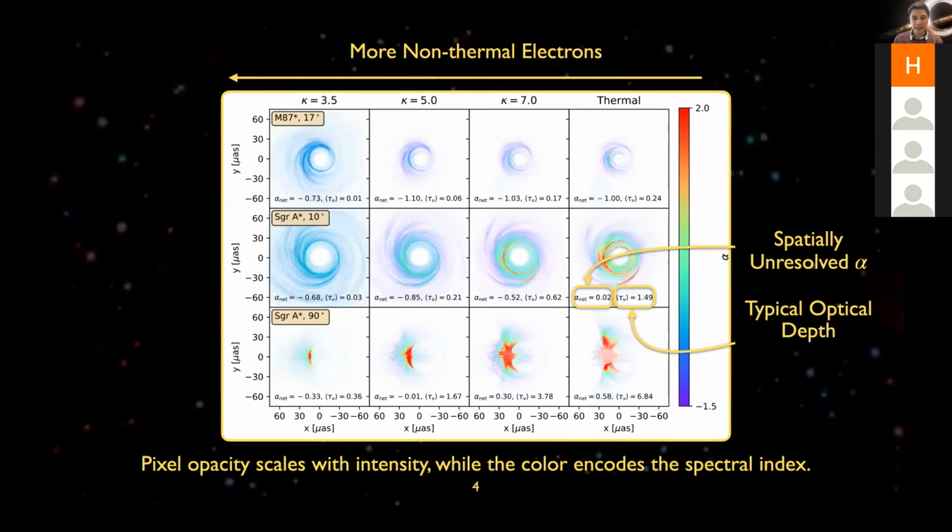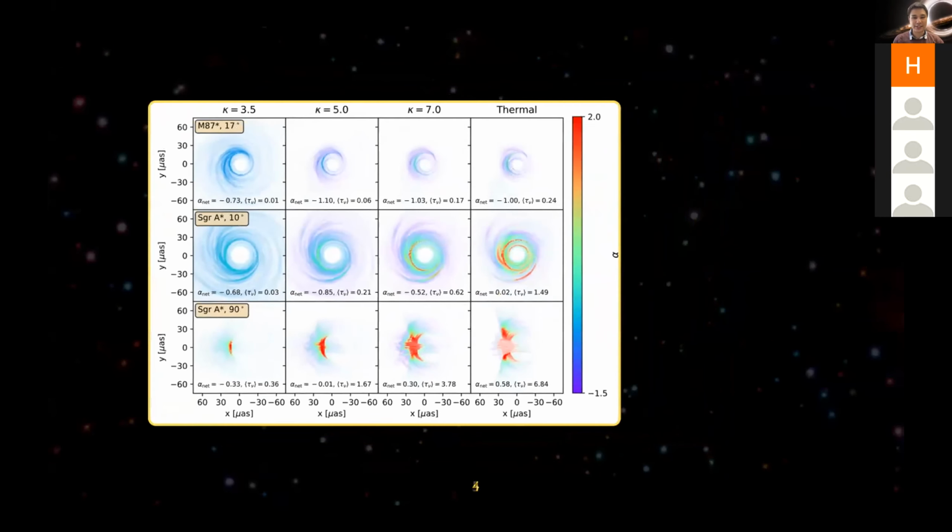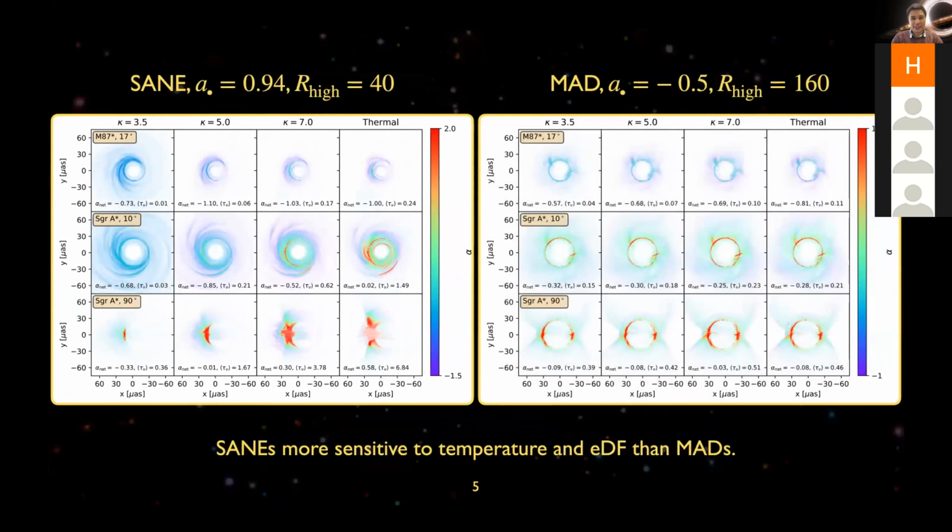Typically, the larger optical depths give you larger spectral indices, and you can see color-coded the spectral index in each individual pixel as well, showing that there's a substantial amount of variation that depends on the electron energy distribution. And this is only just one snapshot, and so there's a lot of options in terms of modeling these sources and what their spectral index maps will look like.